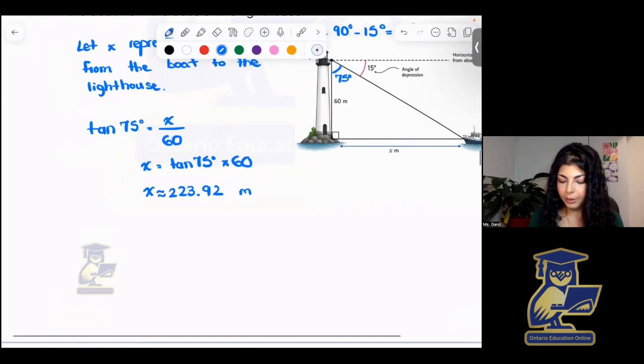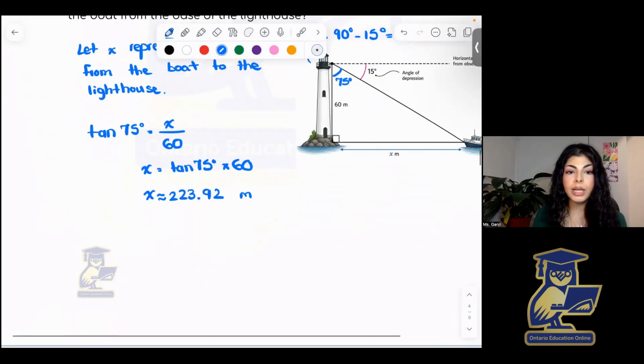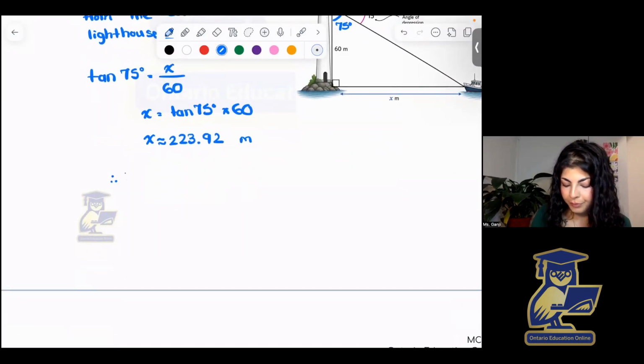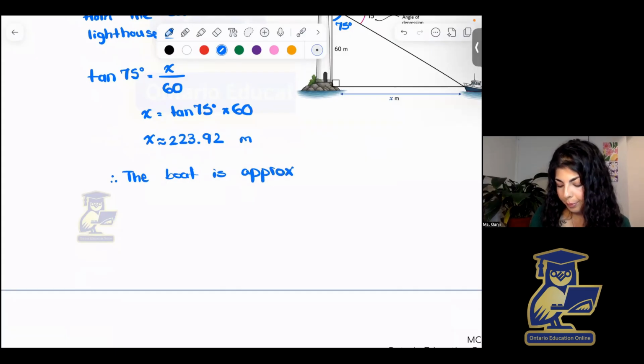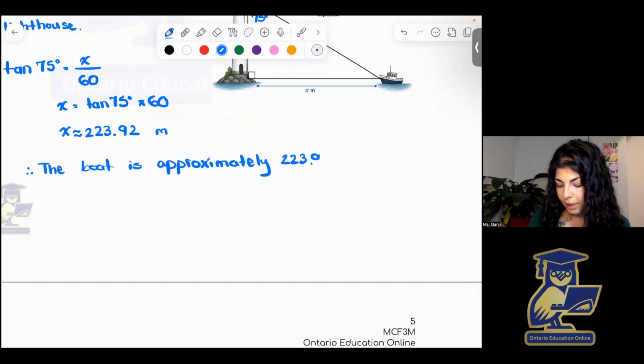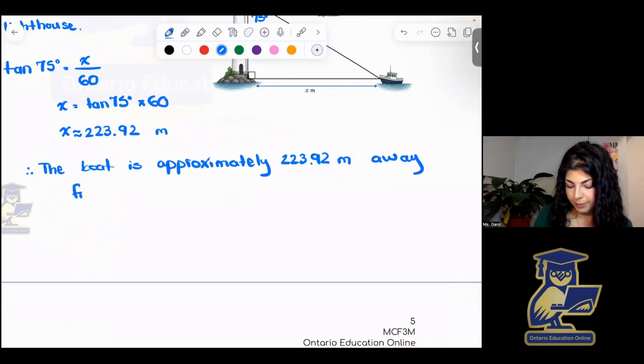Because I'm not told here what to round, two decimal places is always a good practice. So then I can say, therefore, the boat is approximately 223.92 meters away from the base of the lighthouse.